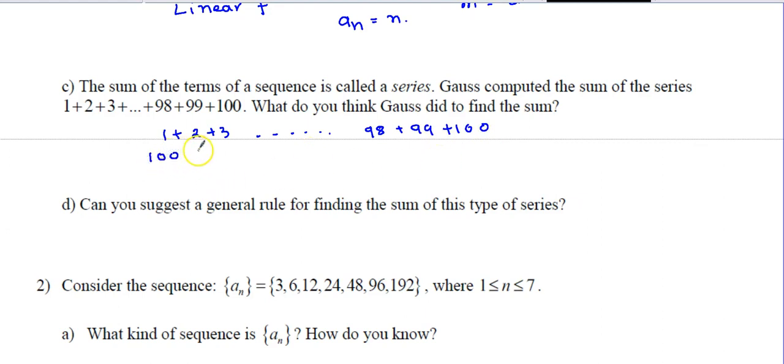He flipped it and wrote it backward. Then he added all these numbers. If you add them, 100 plus 1 is 101, 99 plus 2 is 101, 98 plus 3 is 101, 101, 101.